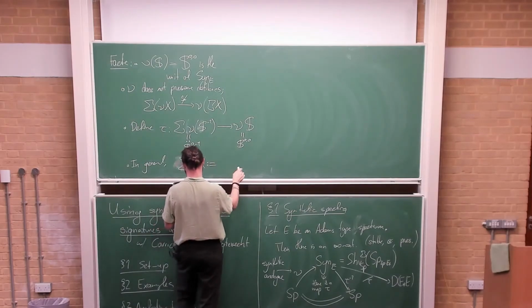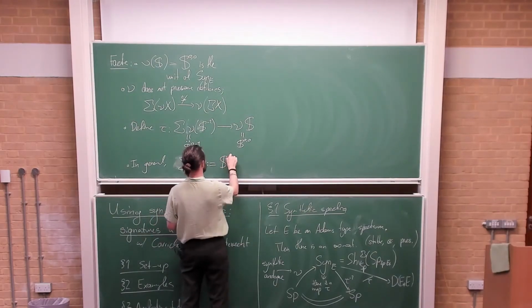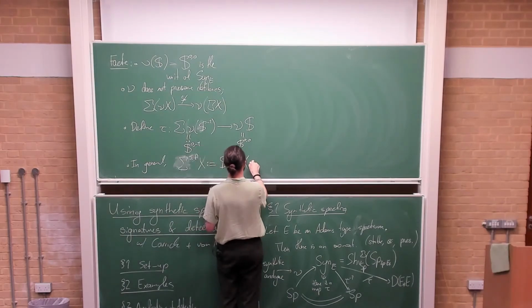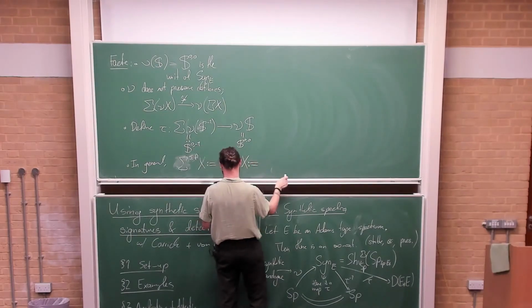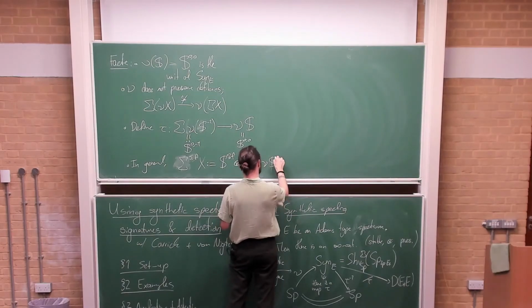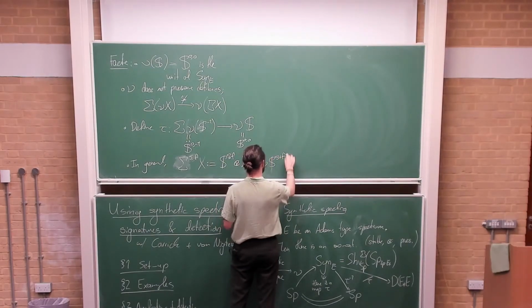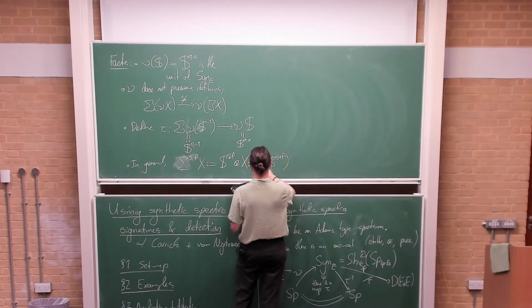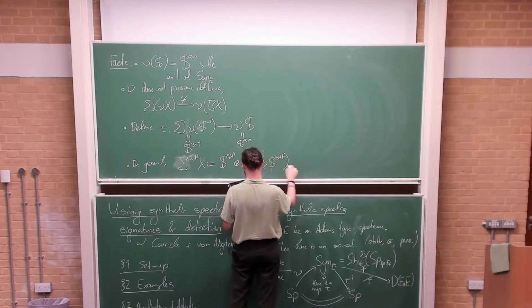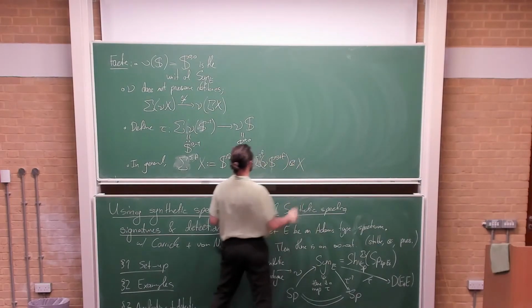So you can just define this as the smash of S^{s,f} tensored with X, which by definition is just S^{s,f} smashed with X.